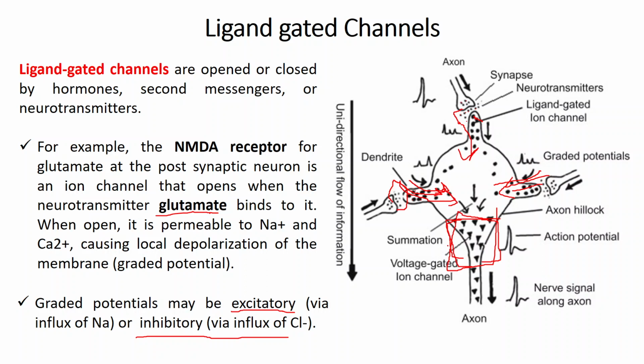This is the threshold where the voltage-gated ion channels would open, resulting in an influx of sodium that will generate the action potential. Does this answer your question? Okay, good.